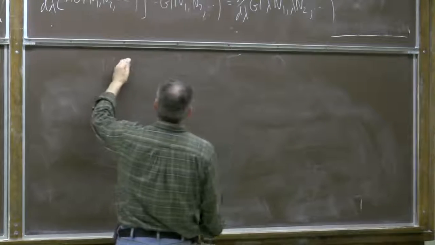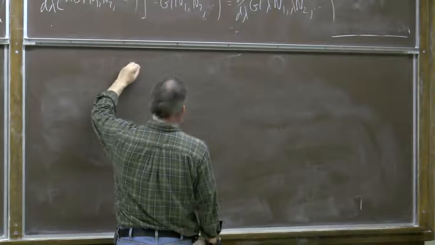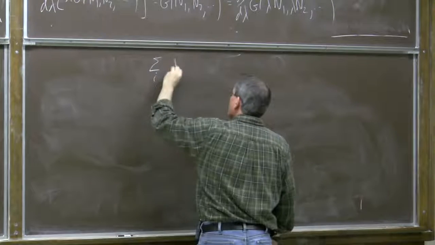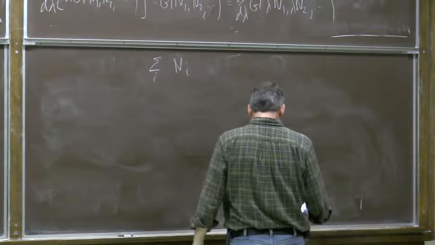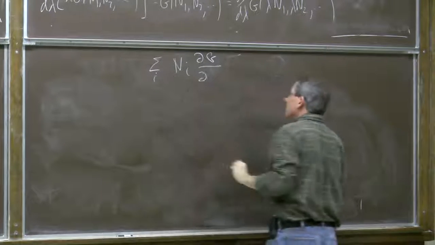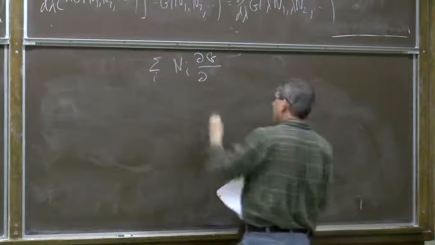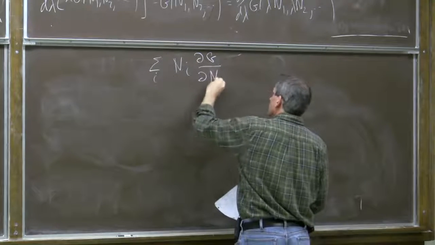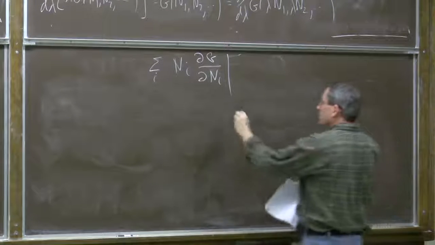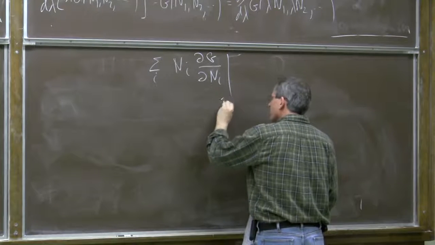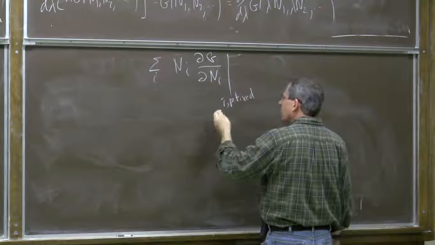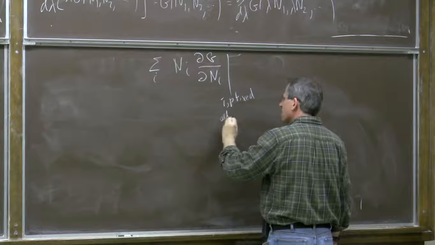So if I differentiate that, I have a sum over I of Ni times the partial derivative of Gibbs free energy with respect to Ni. And here I'm taking the partial derivative with temperature and pressure fixed, but also the number of all other species fixed, aside from Ni.